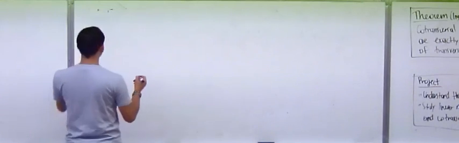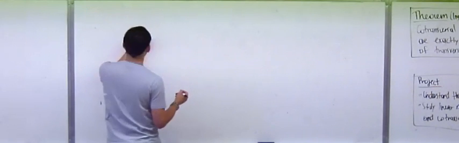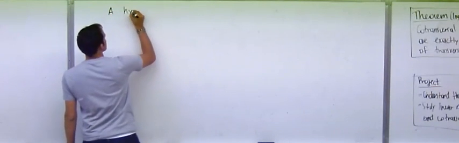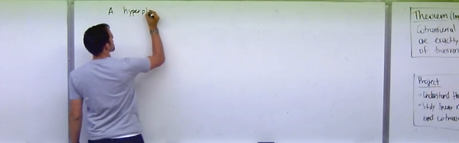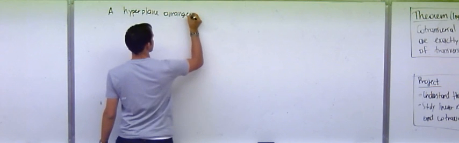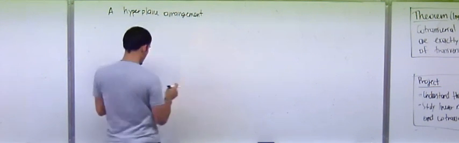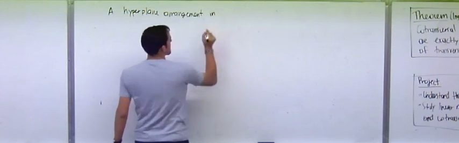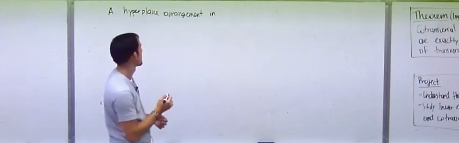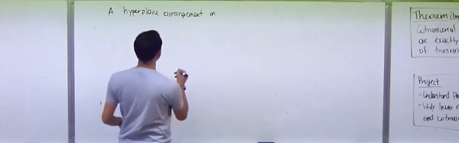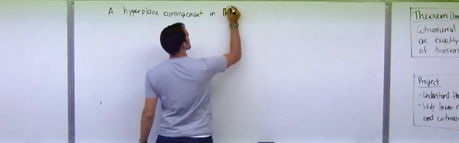I already defined for you a hyperplane arrangement, and you guys already proved that a hyperplane arrangement gives a matroid. But I haven't really drawn for you what a hyperplane arrangement might look like. Part of the problem is that these things are very difficult to draw. The farthest we can go is 3 dimensions, or there's a trick for drawing in 4 dimensions, which we'll see.